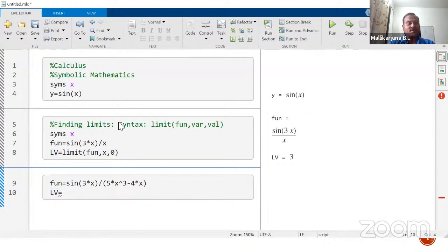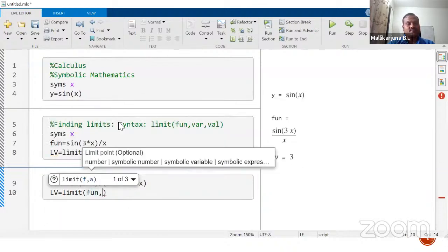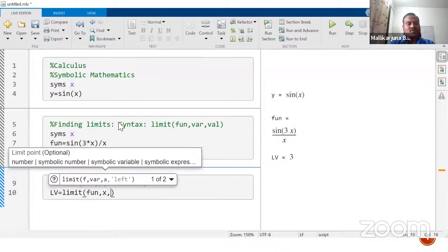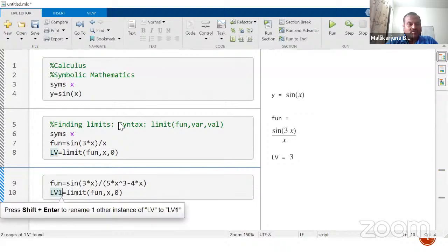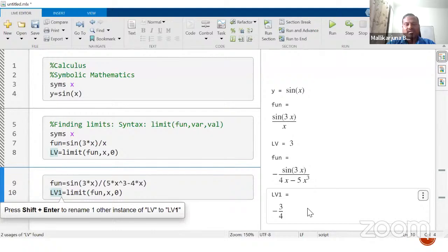Now, limit value: limit of the function, variable is x only, and the value is the same, 0. So why again the same output variable? That's why I just changed the limit value for the first problem, second problem like that. Its value is minus 3 by 4.